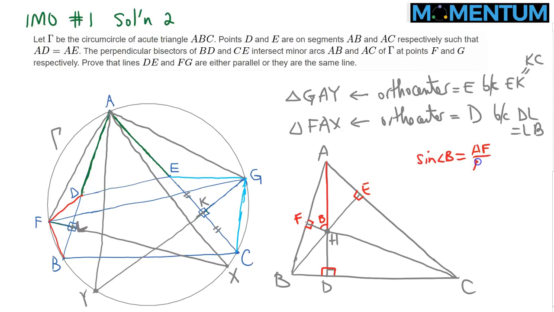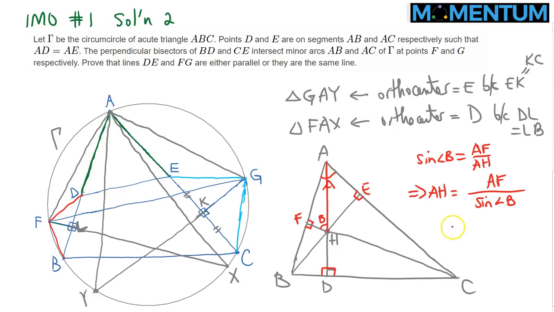But because my length of interest is AH, let's refocus on that: AH is just AF over sine of angle B. But then AF, if you focus your attention on right triangle AFC, because this whole angle is A, right?